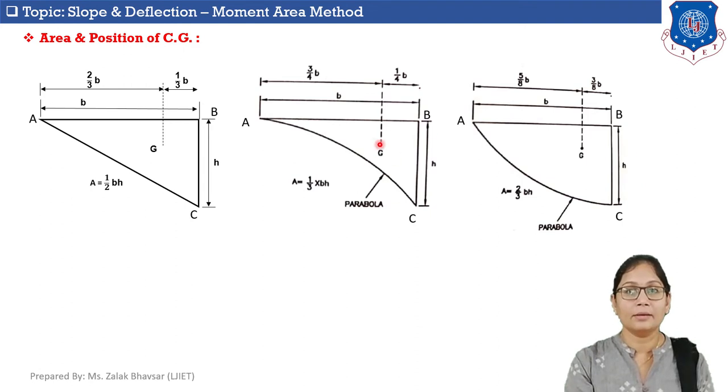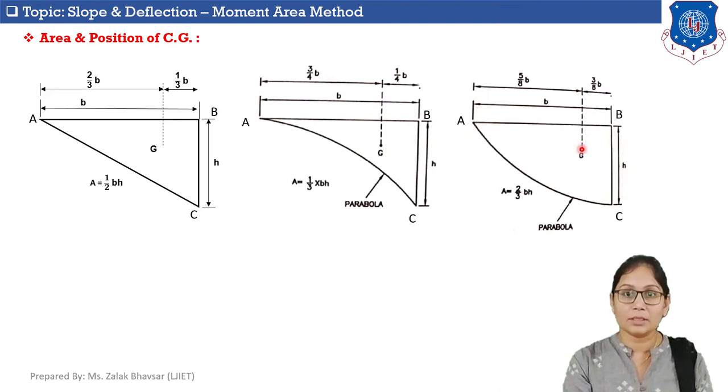Now, here is the parabola shape. Area of this parabola is 1/3 BH. Again, B is the base and H is the height of the parabola. Now, CG of this parabola will be at a distance 3/4 into B from point A and 1/4 into B from point B. And in this type of parabola, area is equal to 2/3 into BH.